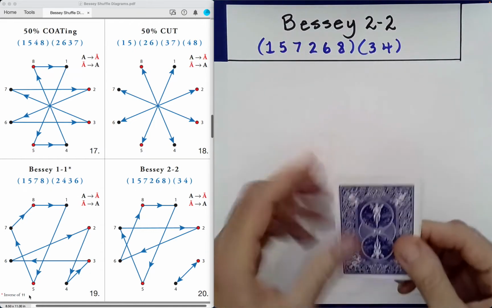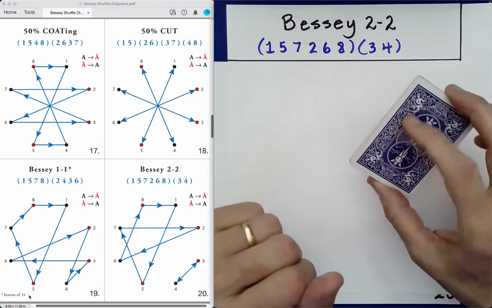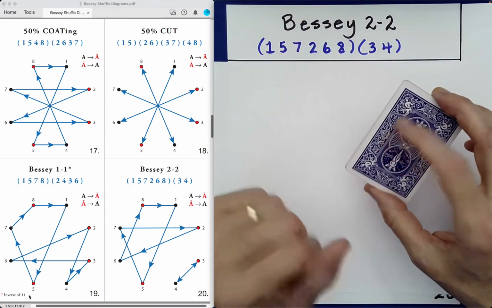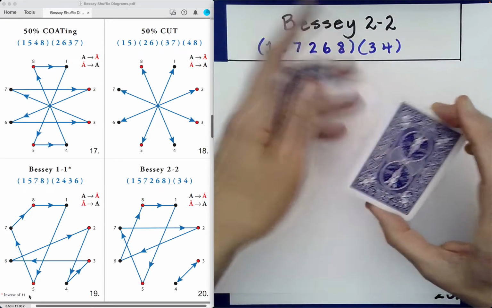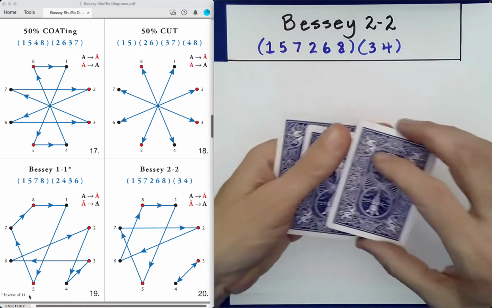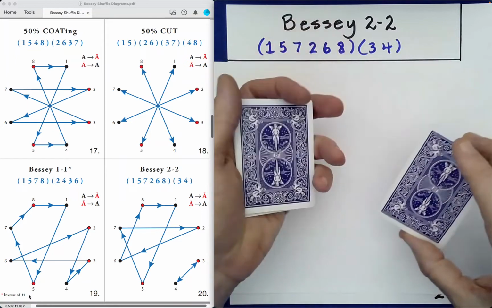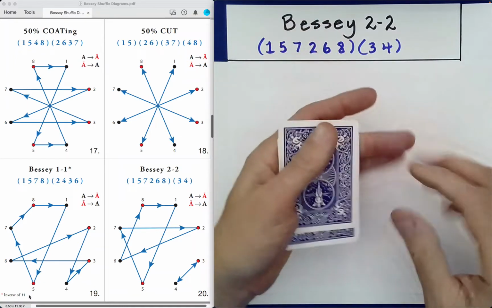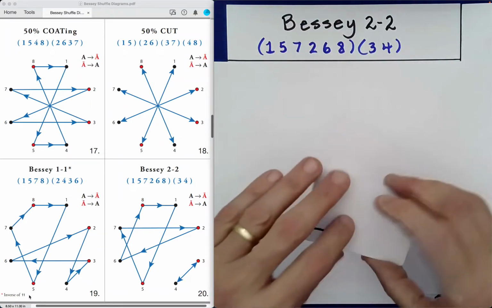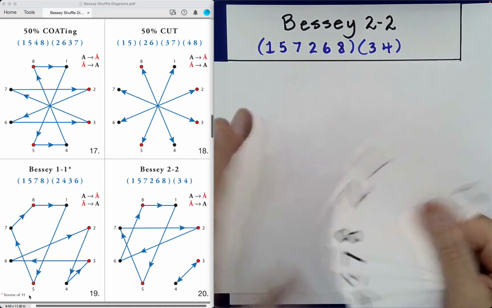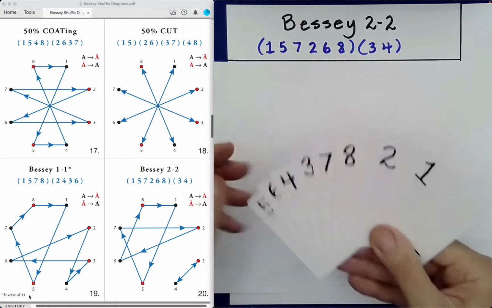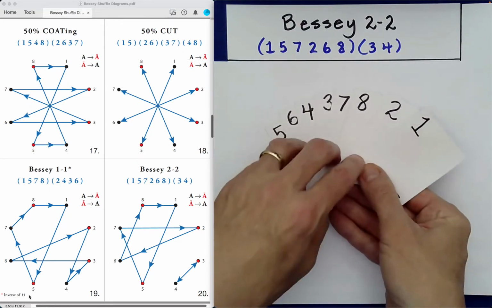So a Bessey 2-2 is where you take the top two cards one at a time. So you go 1, 2 from the top, 1, 2 from the bottom, 1, 2 from the top, 1, 2 from the bottom. So that is the Bessey 2-2, which results in the following new ordering of the cards.